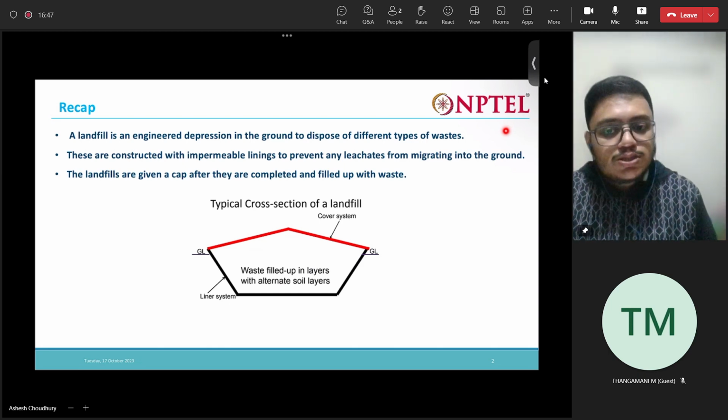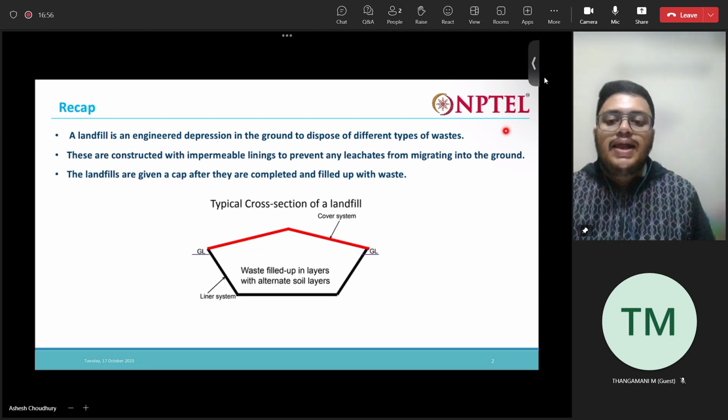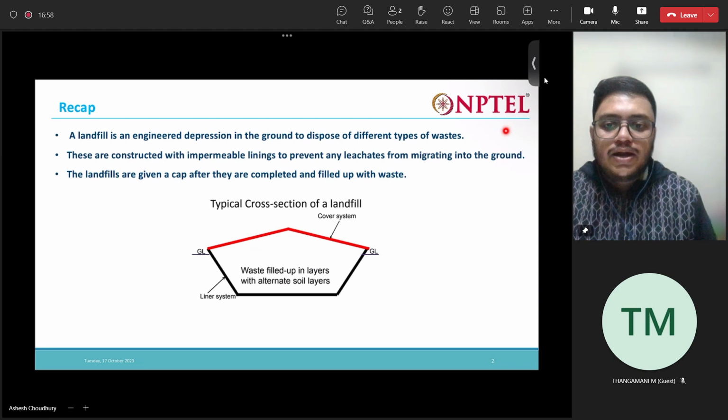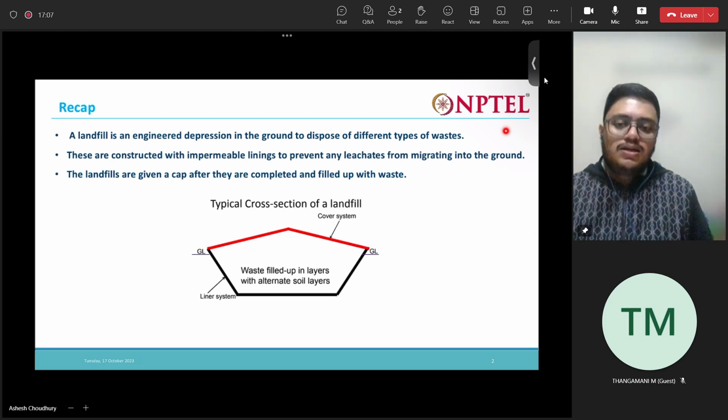Then we have hazardous waste. Factories which manufacture different chemicals or substances release some kind of waste material which might be harmful if it comes into contact with living beings, maybe humans or other living beings.